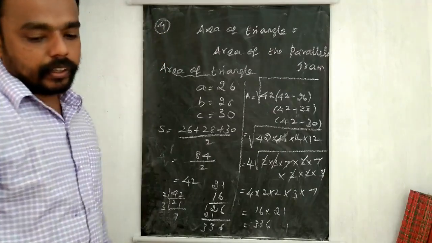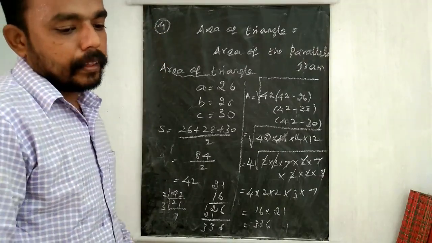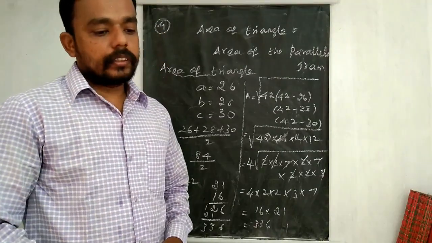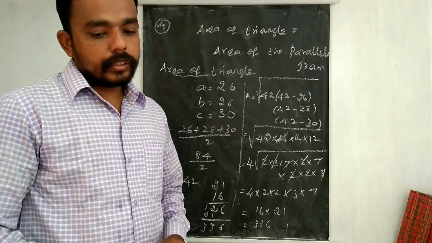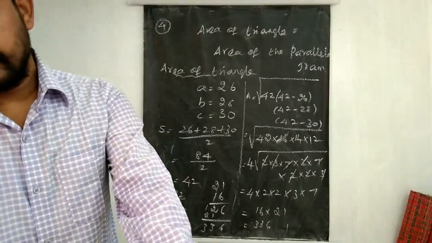So now the area of the first triangle is given as 336. What to return as your answer? It's 336.